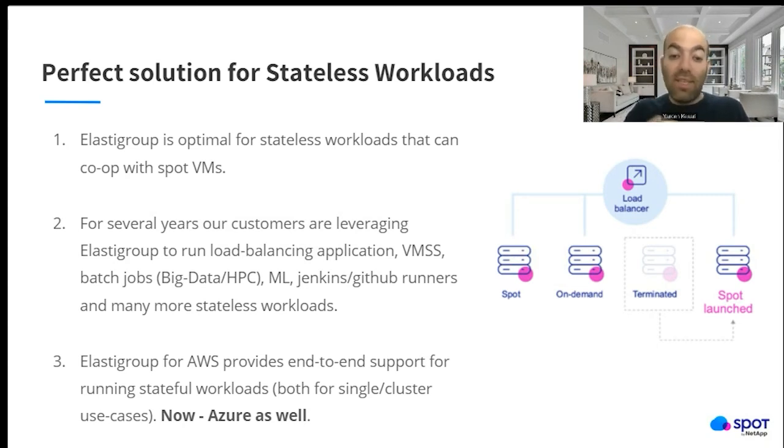Applications such as Elasticsearch, single DB instances, SonarQube clusters, and so on are a perfect match for this. As we keep seeing those stateful use cases be very popular on the AWS side, and actually in the past couple of months we've seen that those use cases are very, very popular on the Azure side as well.